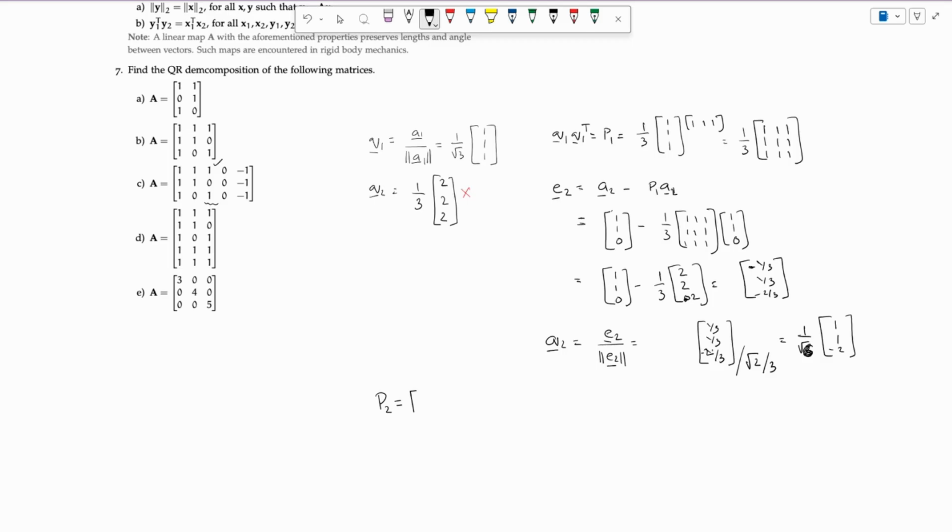That means if I take Q1, Q2 and compute this, don't be stumped by this.